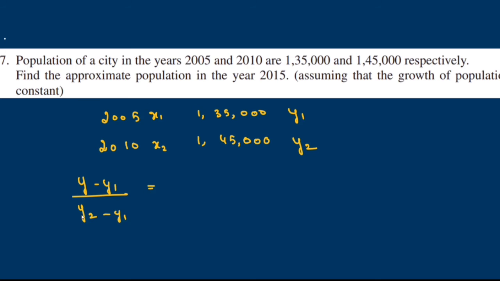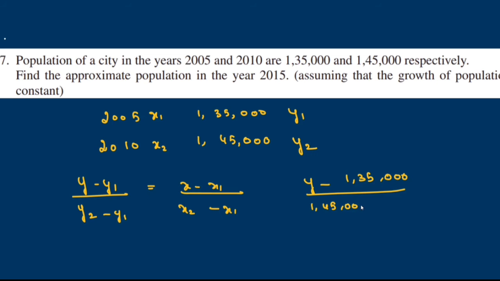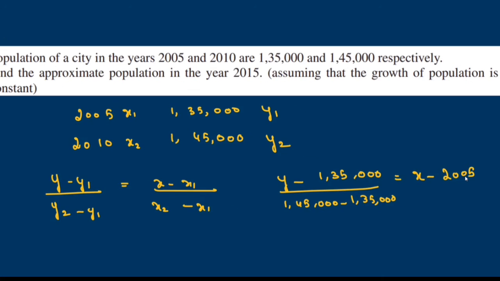That means you have to form a linear relation, use the two-point form: y minus y1 by y2 minus y1 is x minus x1 by x2 minus x1. So y minus 1,35,000 divided by y2 minus y1, that is 1,45,000 minus 1,35,000, is equal to x minus 2005 divided by 2010 minus 2005.